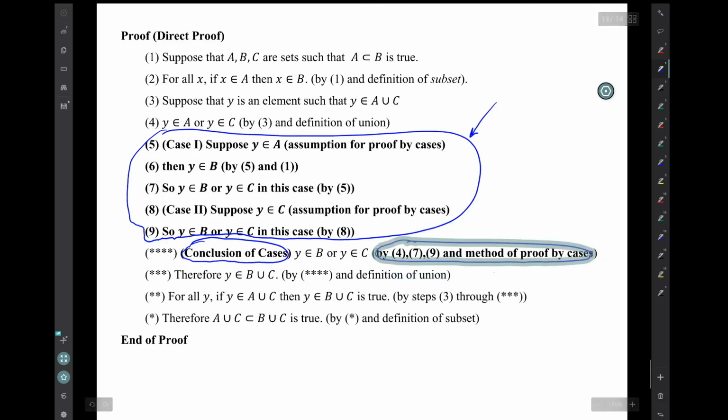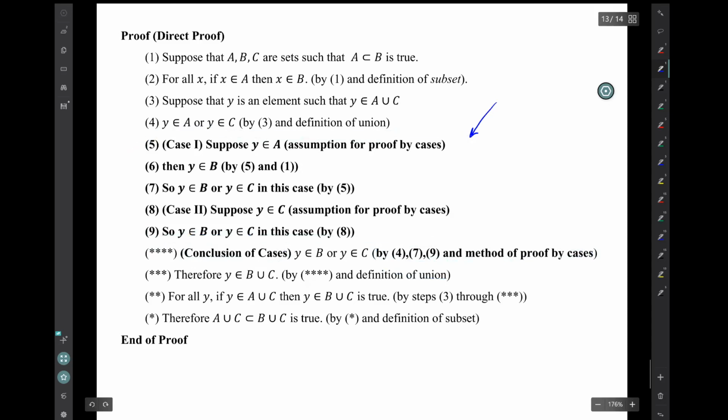Now let's look at these statements in more detail. Statement 4, our OR statement, says either y is in A or y is in C. Of course, y could be in both of those. That's the inclusive OR. What you do in a proof by cases is you start by saying, well, suppose that y is in A. So you suppose that you're in the first case, and that's an assumption for a proof by cases.